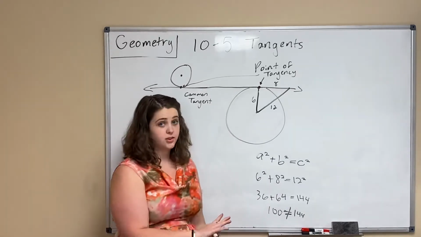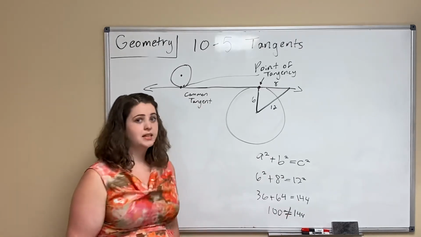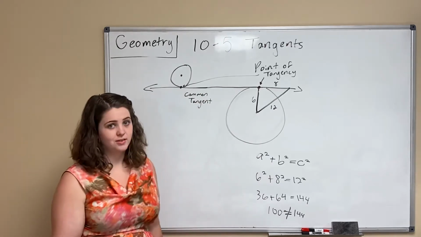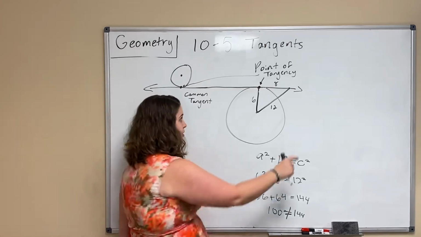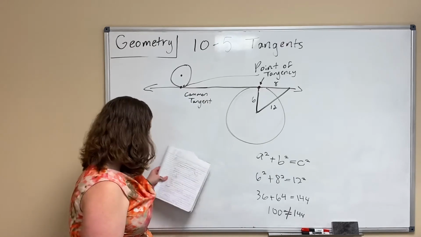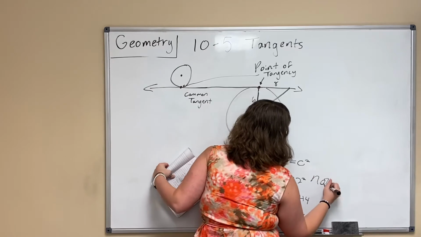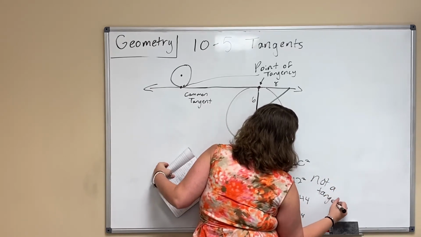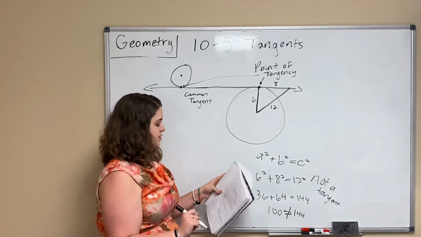Because a squared plus b squared did not equal c squared, I've learned that this angle is not a right angle. This is not a right triangle, and therefore this cannot be a tangent of our circle. So that's what you would write: this is not a tangent. If these values were true, this would be a tangent.